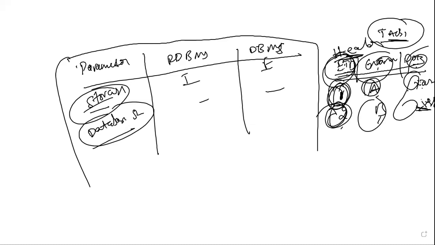Understand? RDBMS supports integrity constraints at the schema level. So what is schema level?